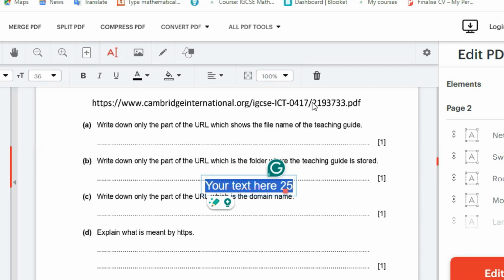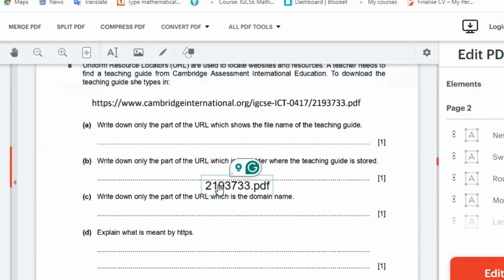So it's from here, this 2193. You just write 2193.733.pdf. That's the name of the file. So that's our answer to 8A.